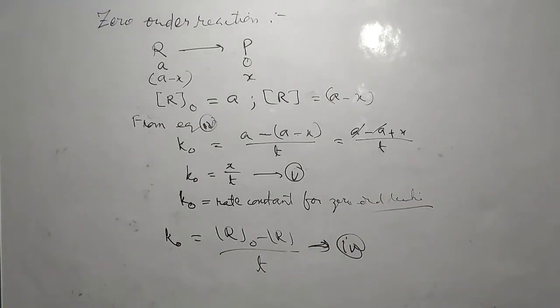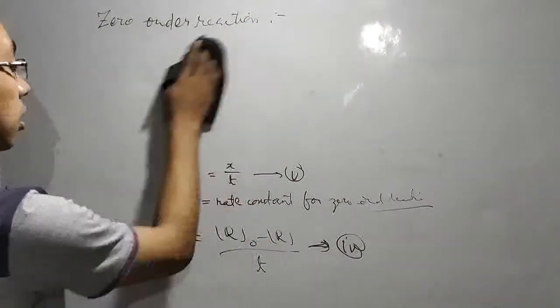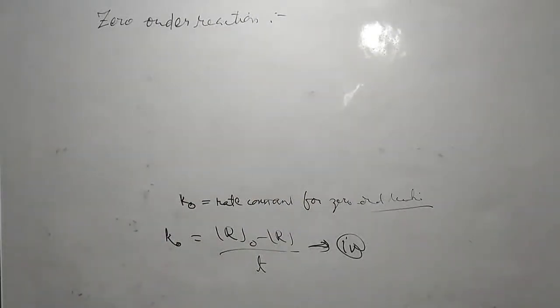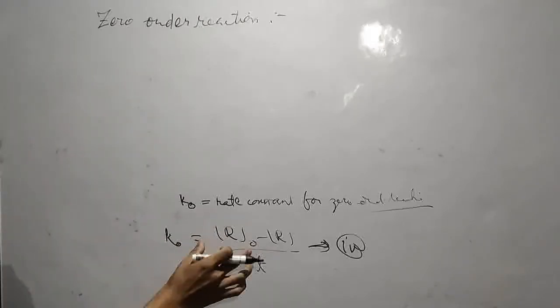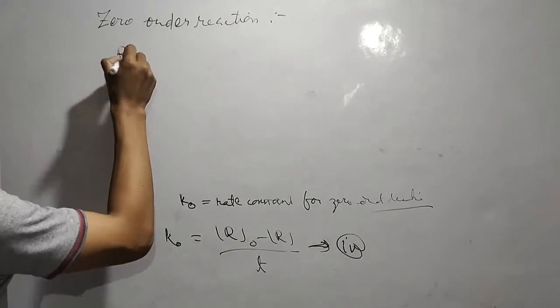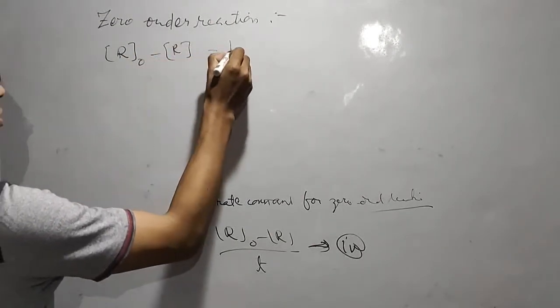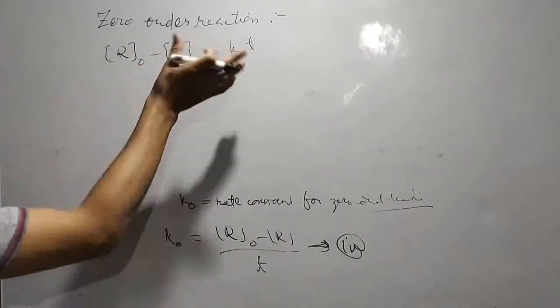Now moving on to the next one, to draw the graph. I want you to go through the equation of a straight line, which is y equals mx plus c. So see, from equation 3 you can see R naught minus R equals K naught T. Let's rearrange this one.